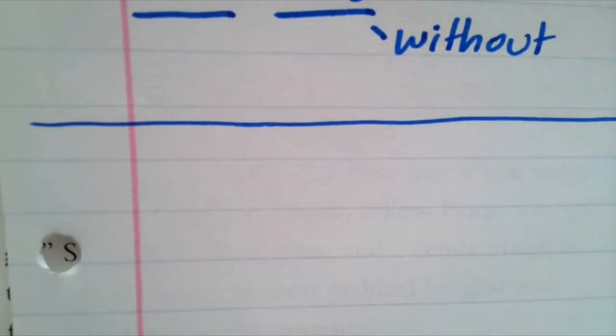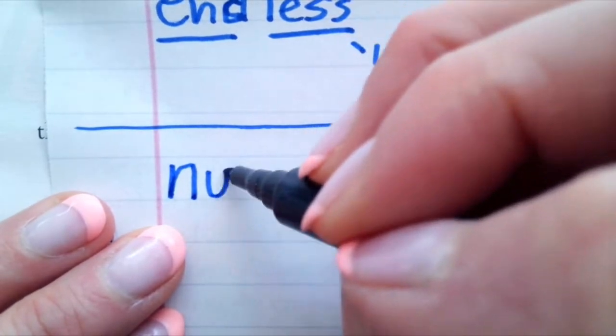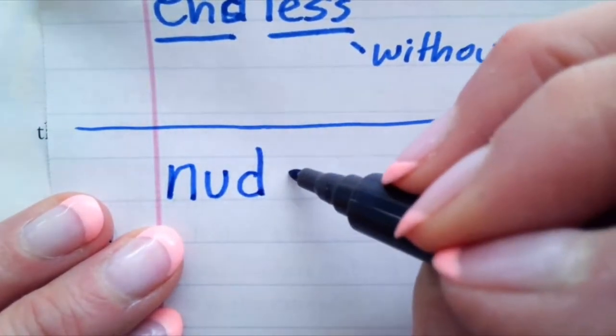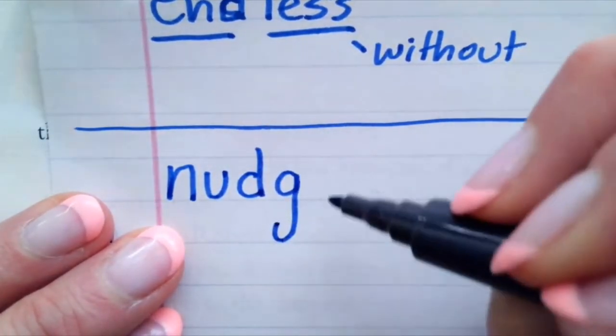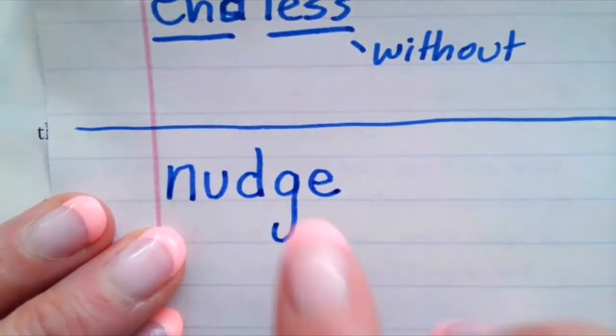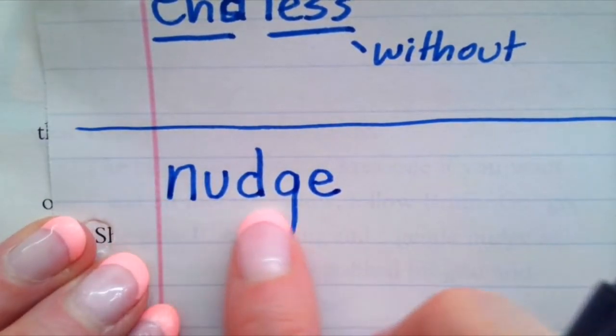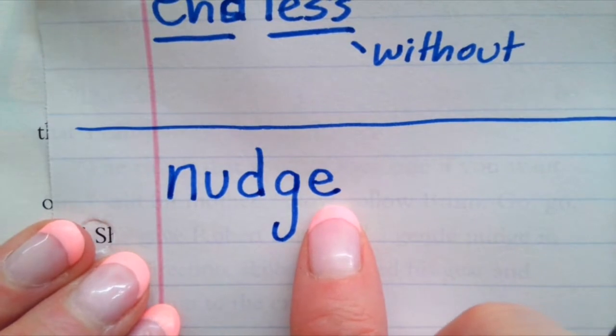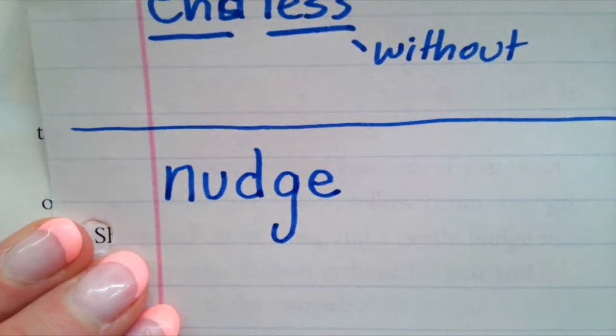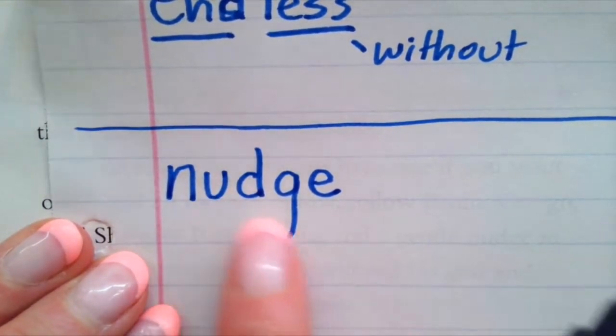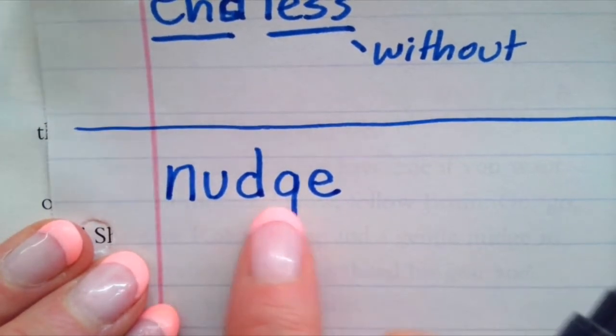Let's add the word nudge. When we write words on our tool, we're very careful to spell them the same way they are spelled in the text. Let's see, are there any word parts that help us?